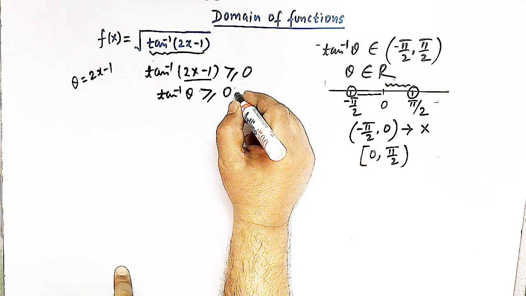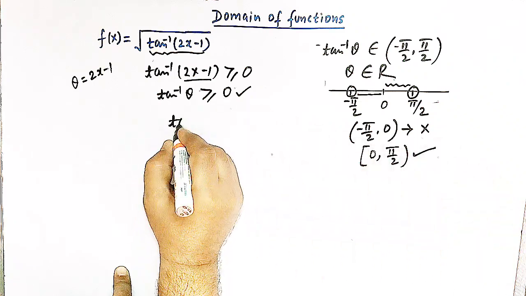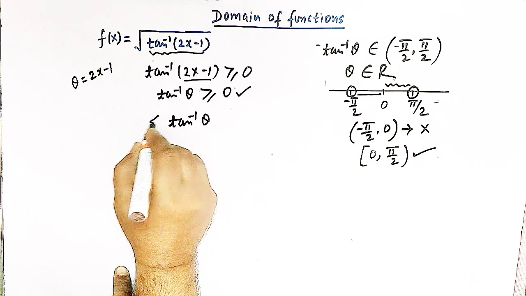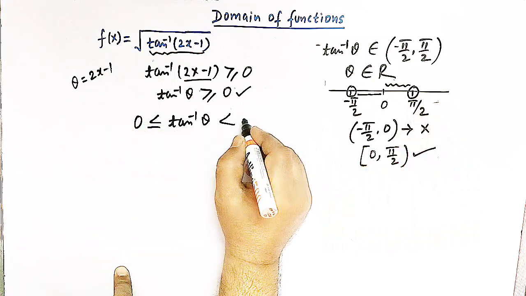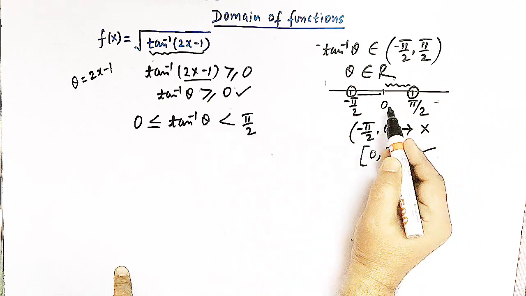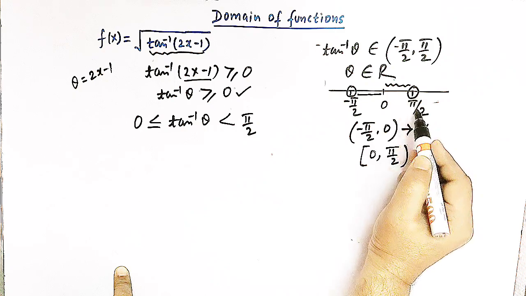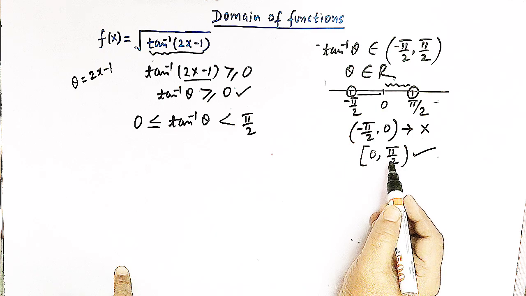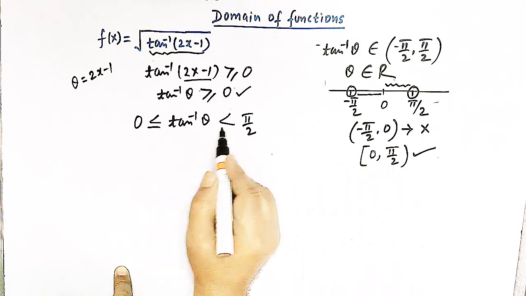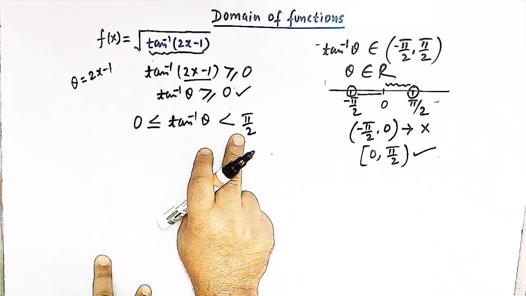If we merge these two aspects, tan inverse theta has to be greater than or equal to 0, but less than pi by 2, because tan inverse theta cannot take the value pi by 2, where it becomes infinite. Now we have to solve this inequality.